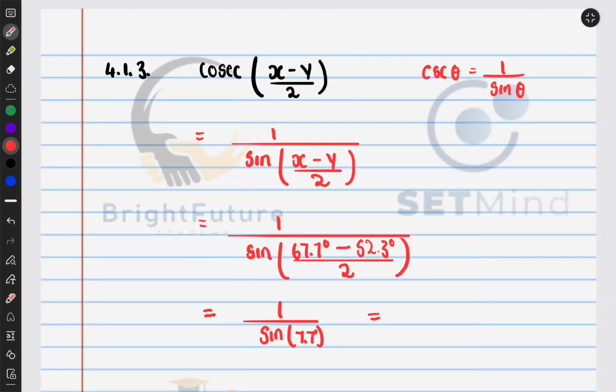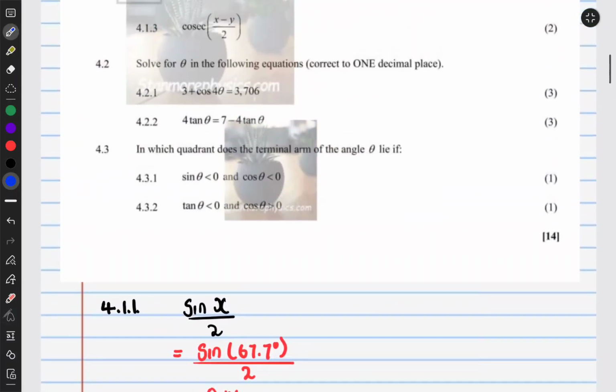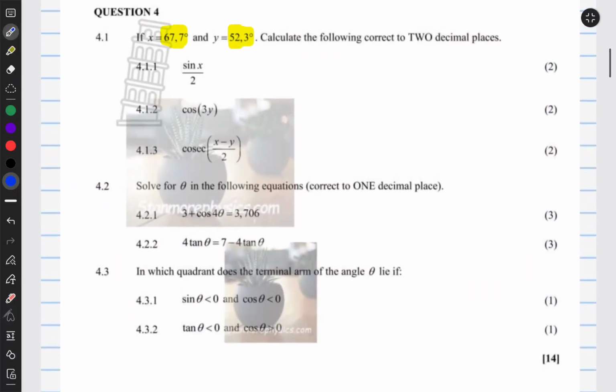This now gives us 7.46. And that is your answer to 2 decimal places. Okay, and that is that.